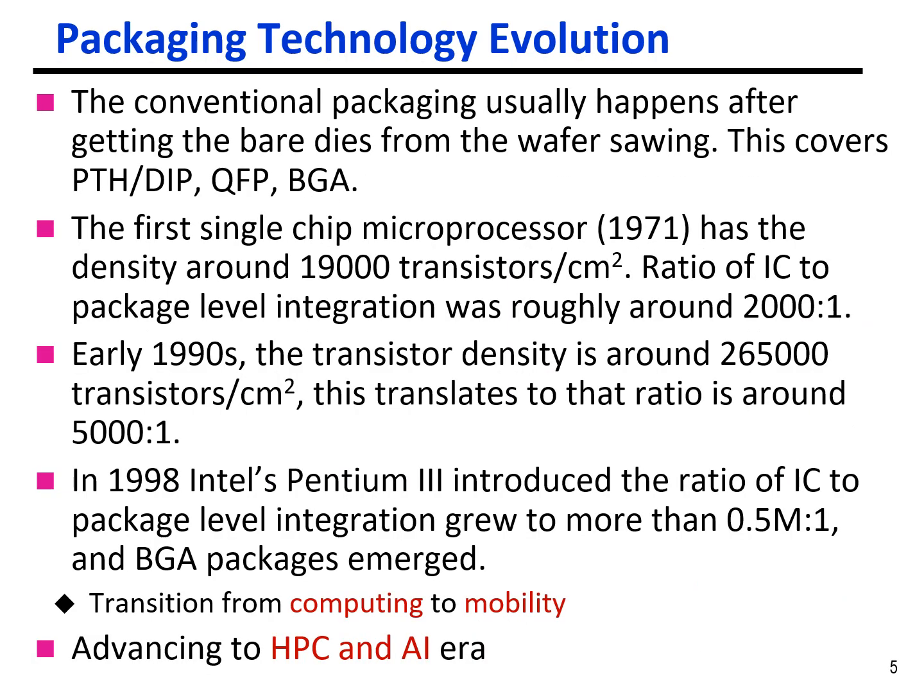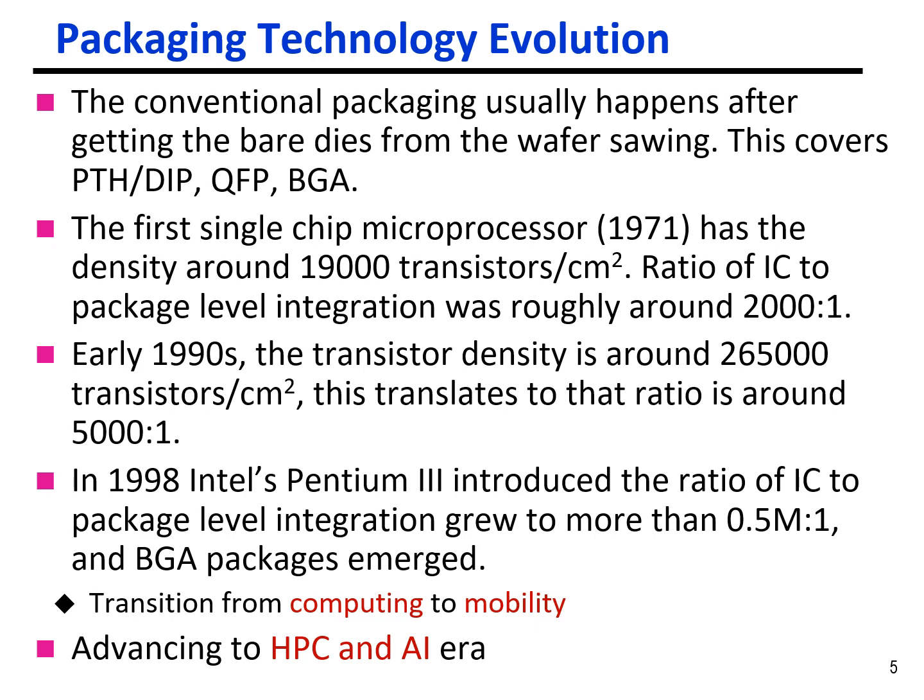First, let's see the packaging technology evolution history. As you know, conventional packaging usually happens after getting the bare dies from wafer sawing. This covers plated through hole, DIP, QFP, and the high-end packaging, ball grid array.